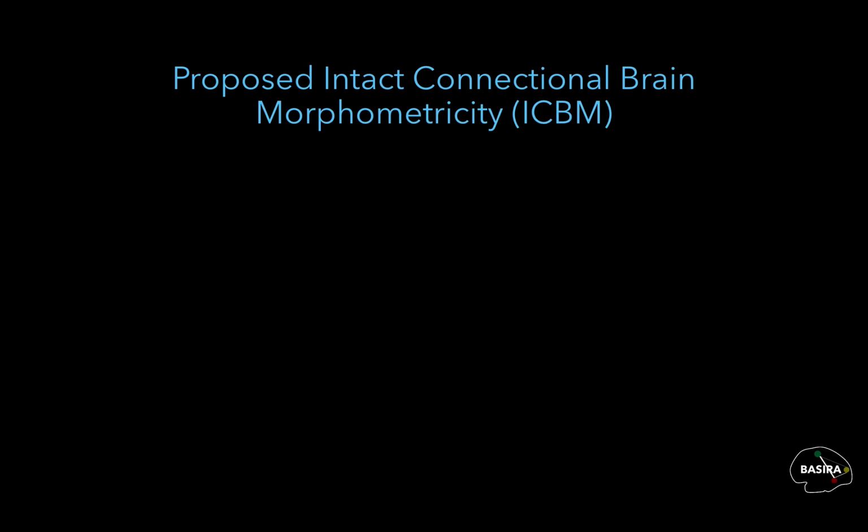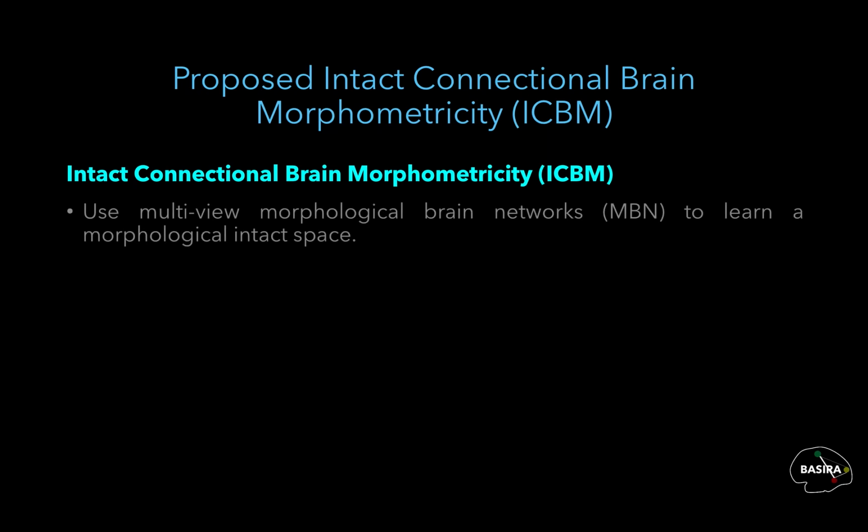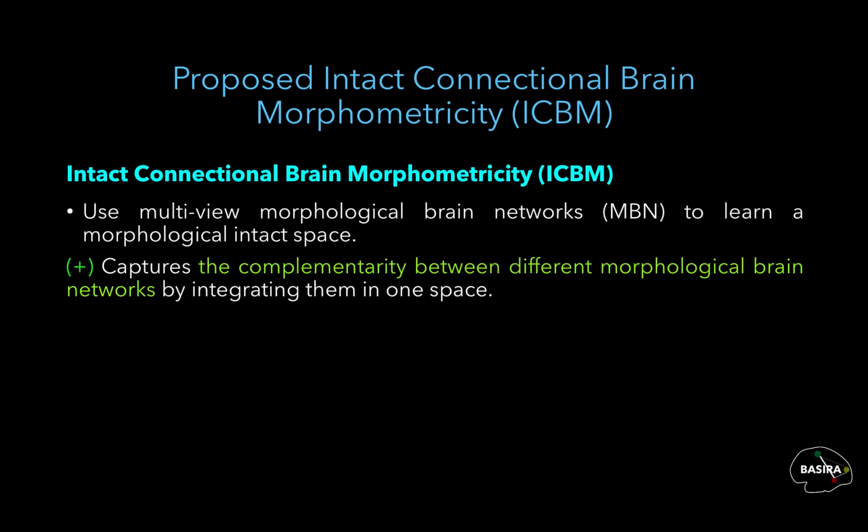In order to overcome all these limitations, we introduce in this work intact connectional brain morphometricity, ICBM, a new way to estimate the brain morphometricity. First, we use multi-view morphological brain networks, MBNs, that were recently introduced and showed great potential in brain disorder diagnosis to learn a morphological intact space.